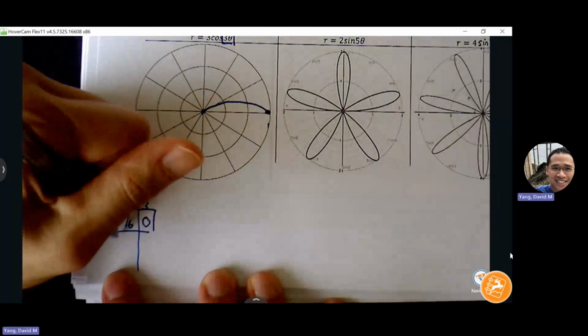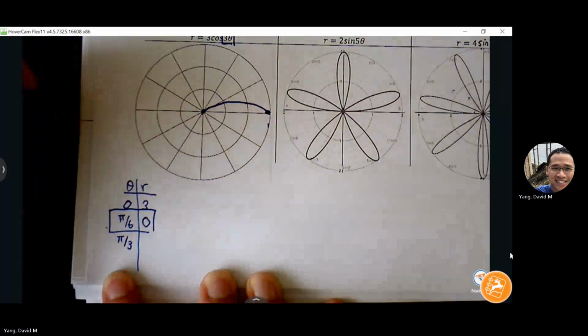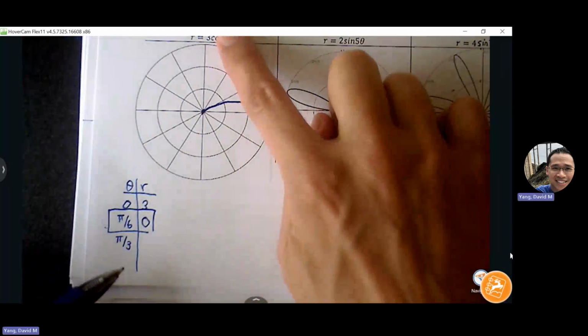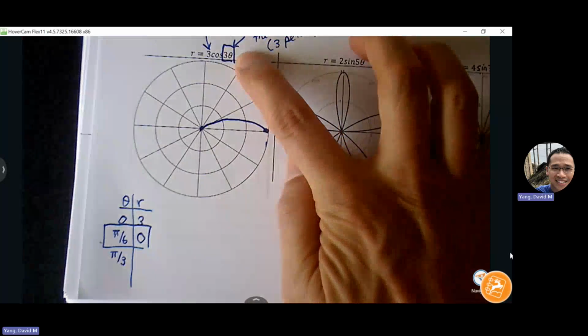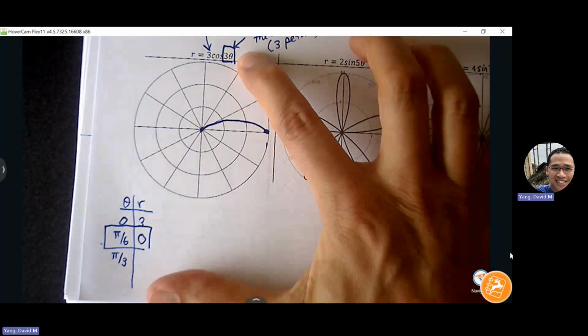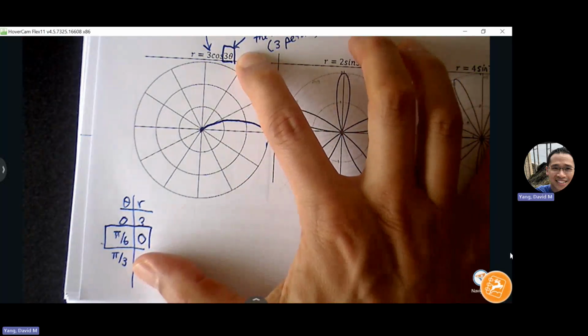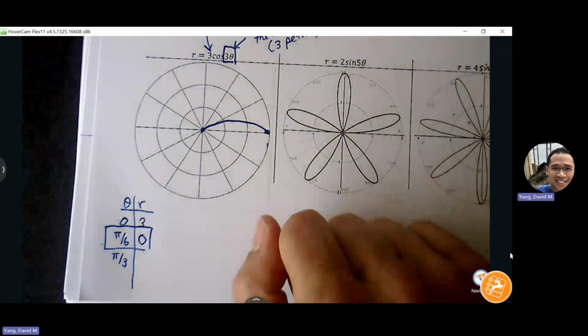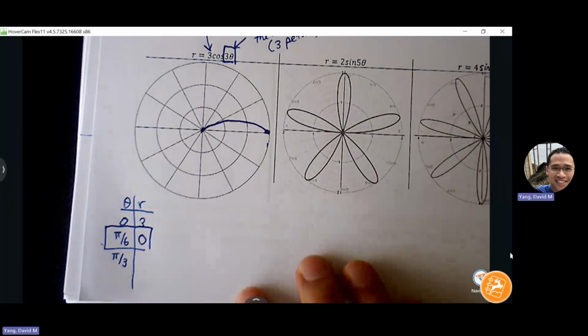Okay, next up, I'll choose pi over 3. It says it's pi over 3 here, but that 3 is going to transform it, right? 3 times pi over 3 is pi. Cosine of pi is -1. -1 times 3 is -3.